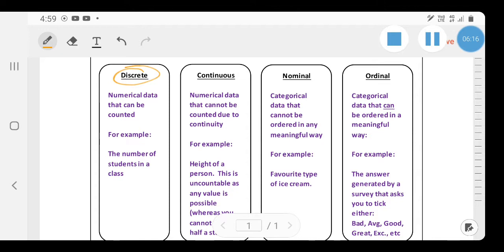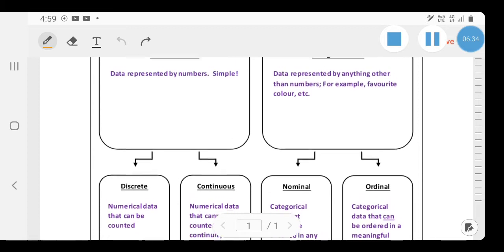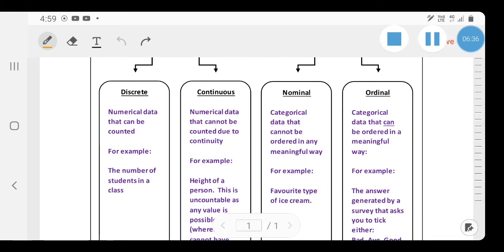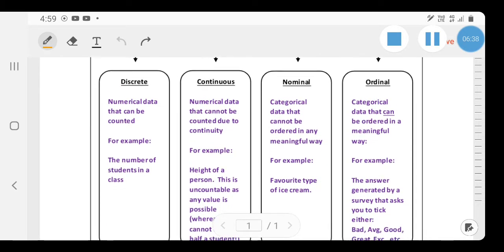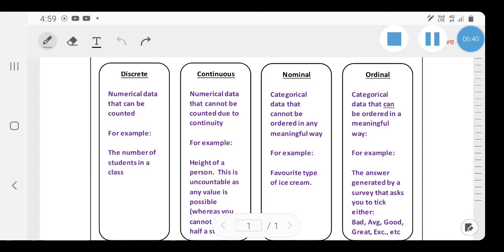Okay, so there's the difference. Discrete data is numerical data that can be counted. Continuous data is numerical data that cannot be counted due to its continuity, and height is a good example of that. All right, now over to categorical data. So we have two types of categorical data, nominal and ordinal, okay?